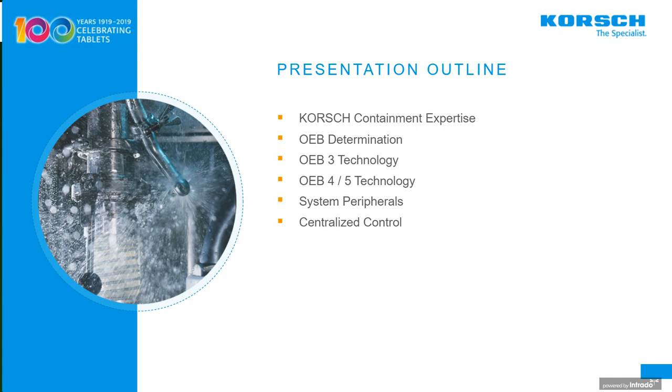We're going to talk about OEB3, sometimes referred to as medium containment, that is also a dry containment technology. OEB4 and 5 technology, which is wash-in-place or high-containment technology. We'll talk about the importance of matching appropriate system peripherals into a full turnkey system. And we'll talk a little bit about centralized and integrated control.